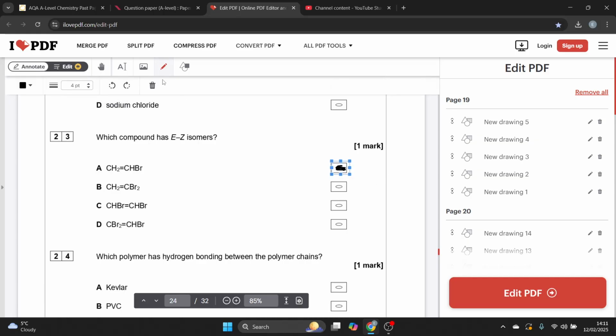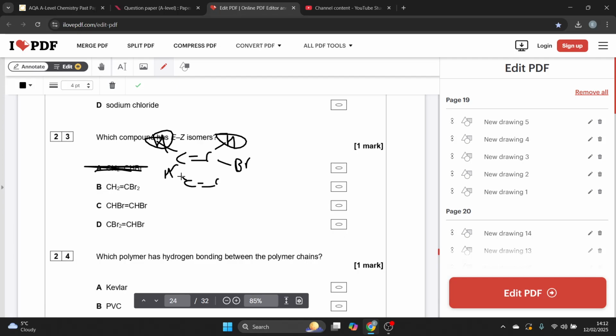No, that's not going to have EZ isomers because that already appears twice on both sides. If it appears twice on both sides, now you've got one group here and a group here, then it's not going to have EZ isomers.